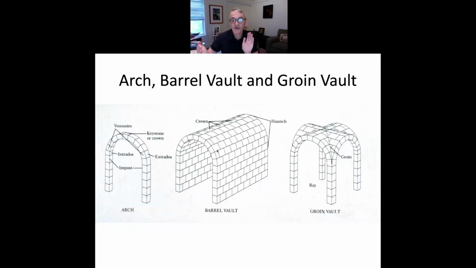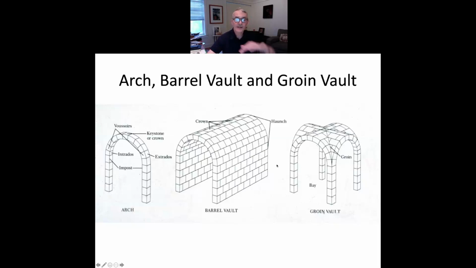The groin vault is two barrel vaults meeting at a right angle. So you can see where that cross in the center, there's a barrel vault this way and a barrel vault that way. And then the groin is where they intersect. And so it opens up this space underneath.